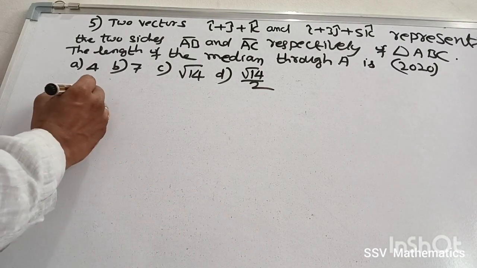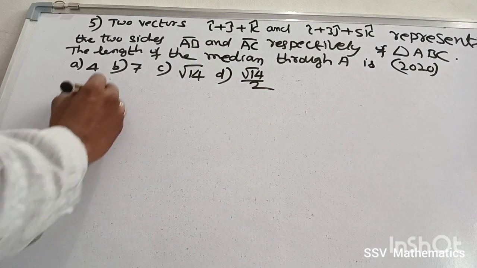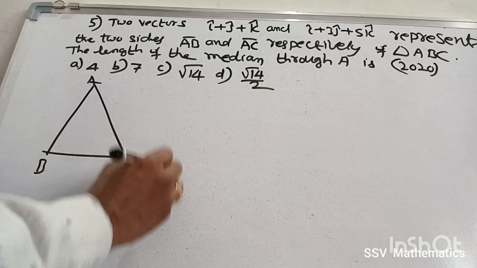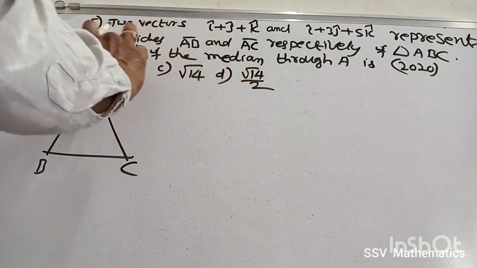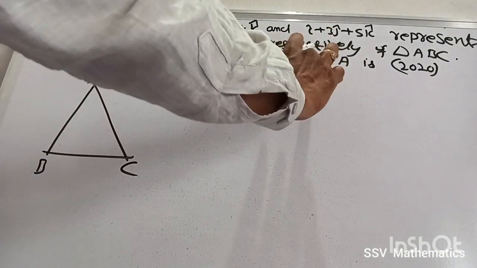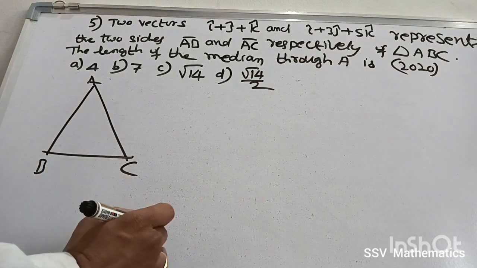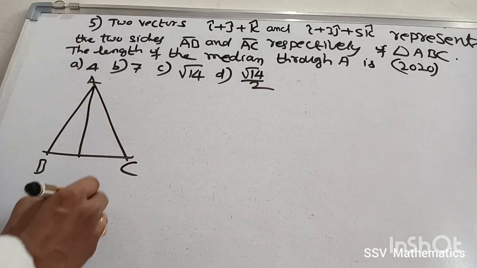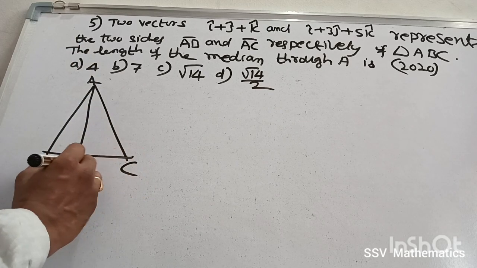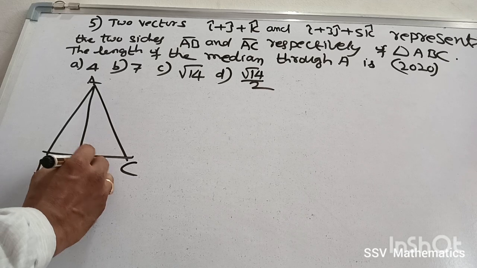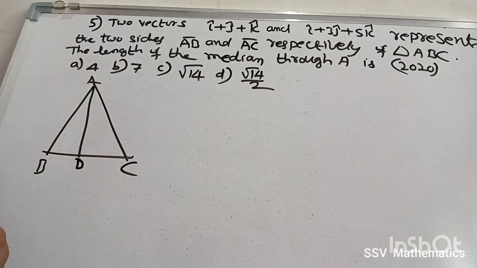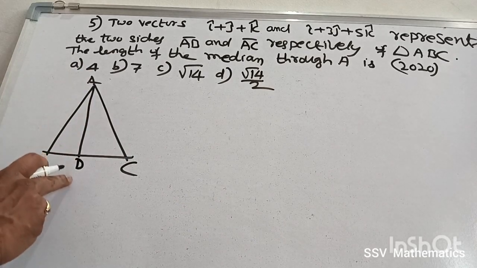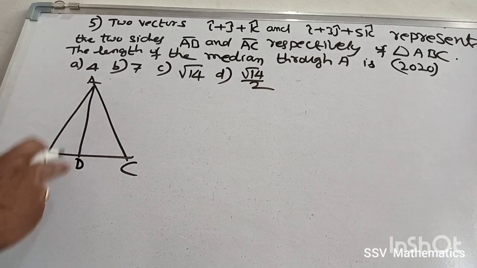So here consider triangle ABC, and the length of the median through A is asked. Take D as the midpoint of side BC, so AD is the median through A. So you have to find the length of AD.